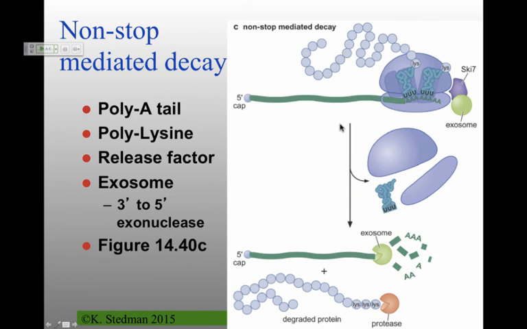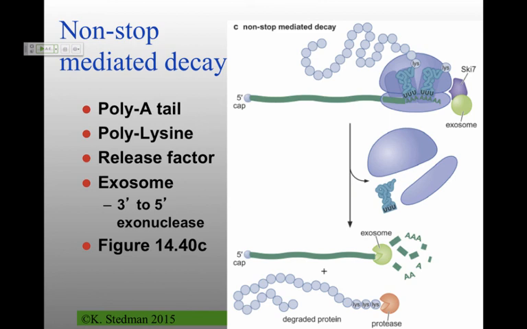Okay, well, poly-A tail is what? It's a whole bunch of A's. What does AAA stand for? You want to read your genetic code? It says it up here on the slide. It's lysine. So you end up with lysine, lysine, lysine at the end of your protein, which is, again, an eat me signal. It says, hey, this protein didn't have an appropriate stop codon.